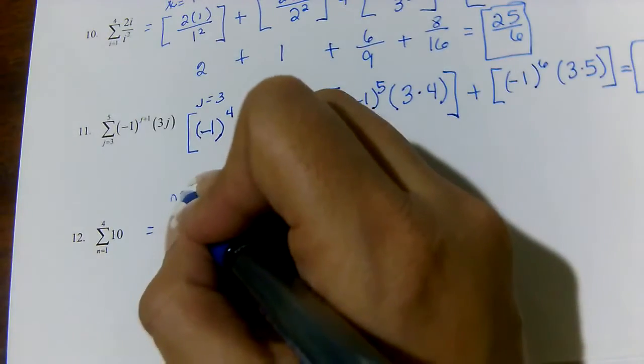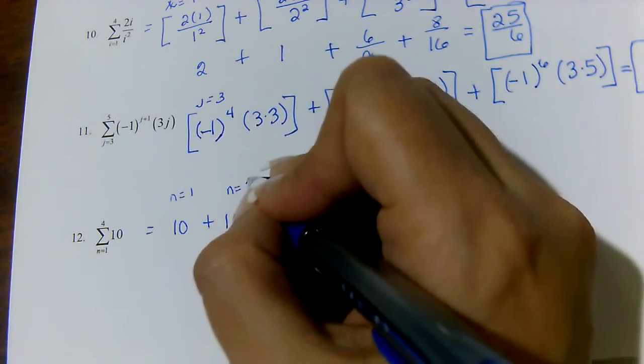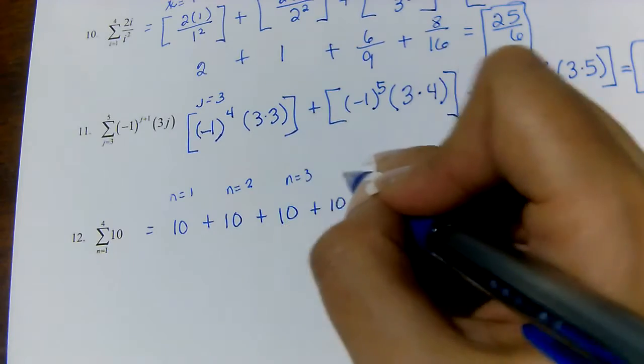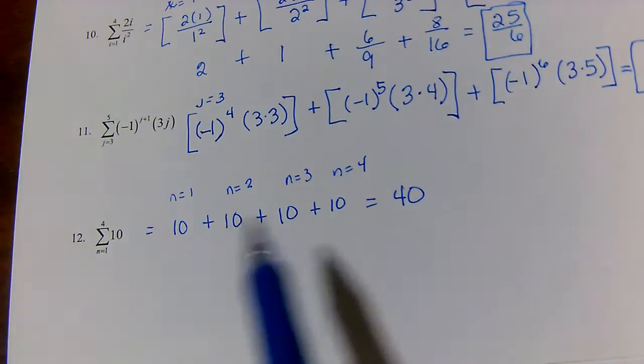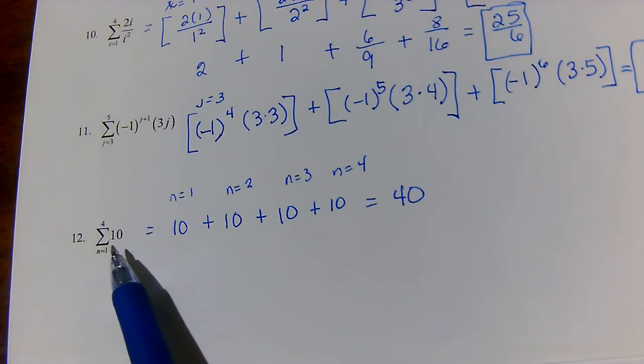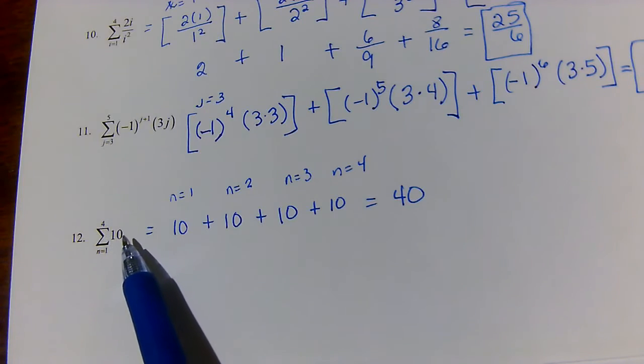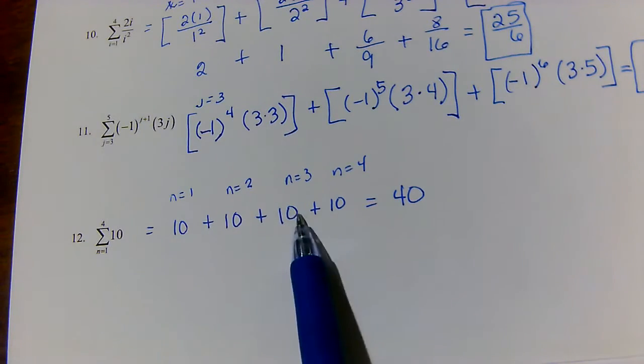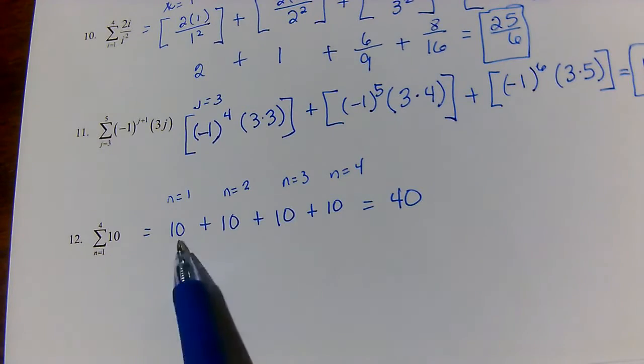This is like n is equal to 1, n is equal to 2, n is equal to 3, and n is equal to 4. But since we don't have an n in the actual equation here, you're just repeating the 10 consistently 4 times.